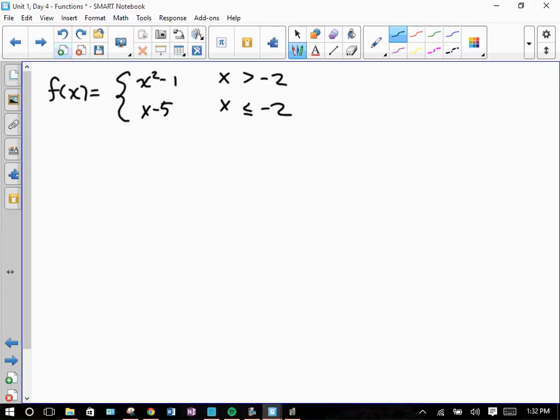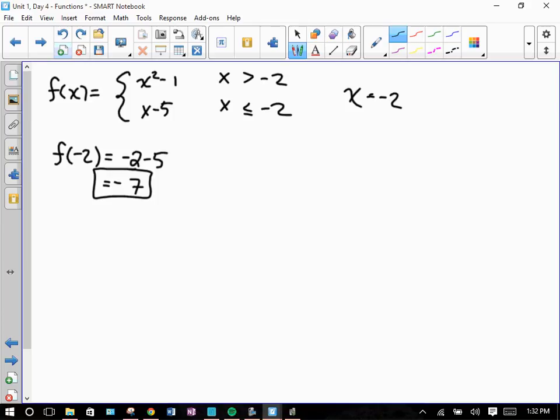Which of these are we going to plug negative 2 into? The bottom. Good. So f of negative 2 is equal to negative 2 minus 5, which is negative 7. So f of negative 2 exists.